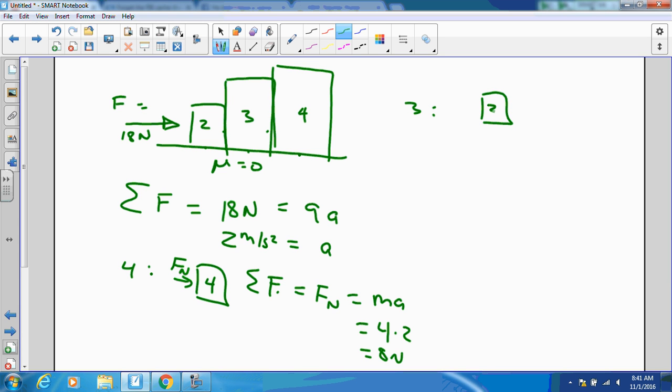Let's see here. Tell me, there's a force from the 2, but since Newton's third law, there is a force on the 4. How much? The same. Give me a number. 8. Thank you.